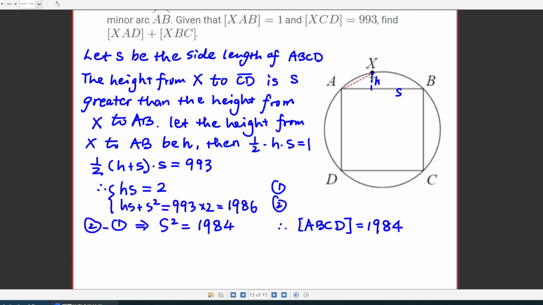Okay, let's connect these 2 points. XAD is here, XBC is here.